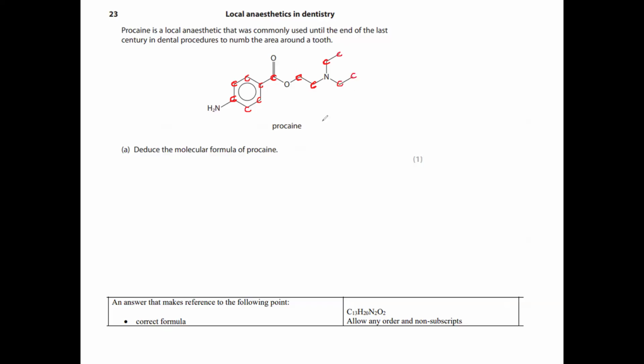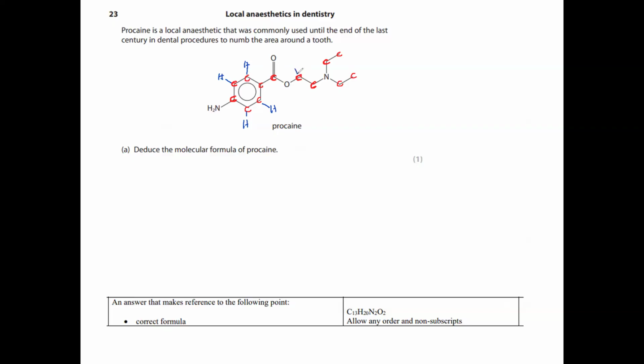And also they don't show the hydrogen atoms. Each carbon atom needs to have 4 bonds. We know that in benzene the ring structure is there, so each carbon atom has to have 1 more bond. So this is hydrogen, this is hydrogen, this is hydrogen, this one is hydrogen, and this carbon atom has 4 bonds, no problem.